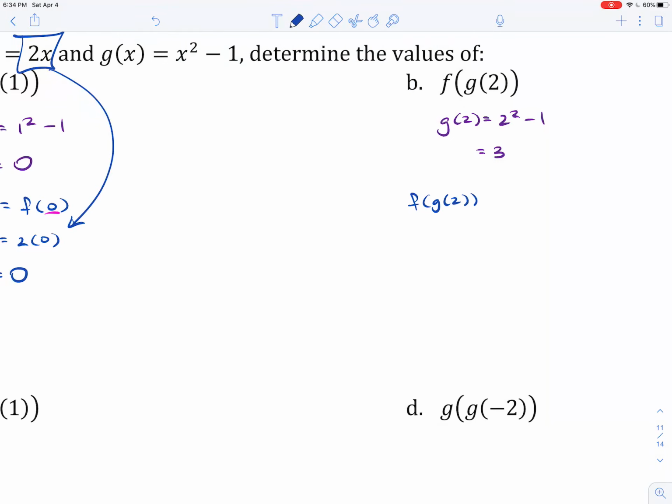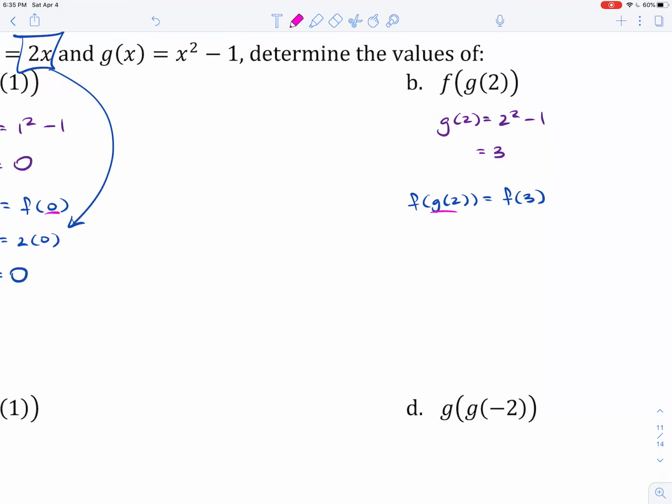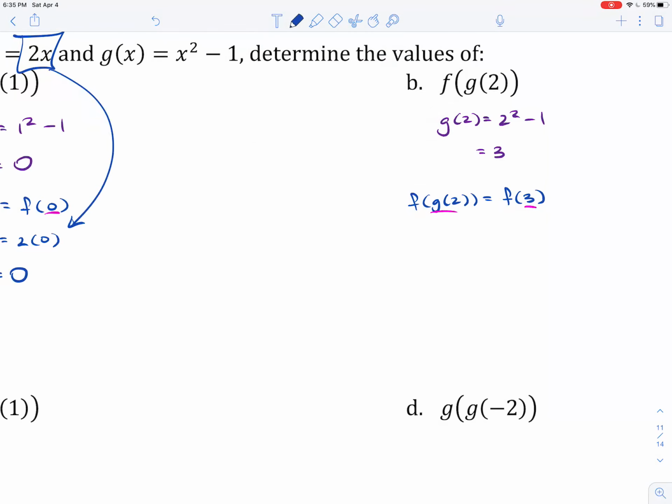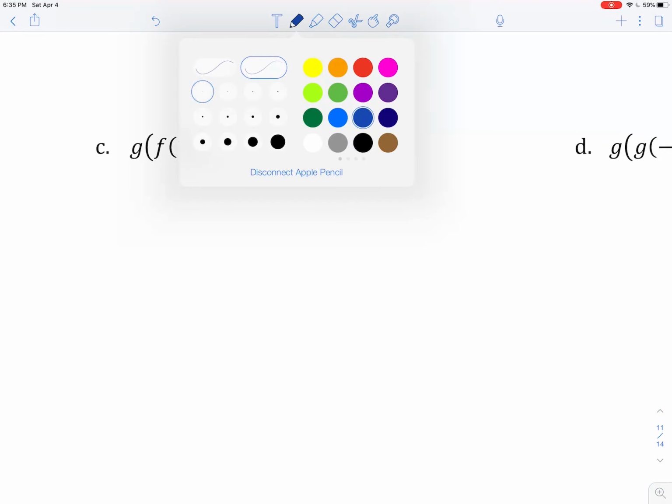Therefore, f of g of 2 is going to be the same thing as f of 3, because g of 2 is the same thing as 3. Well, I can find f of 3. F of x is 2x, so f of 3 is 2 times 3. And that's 6. Cool beans? Excellent source of protein.